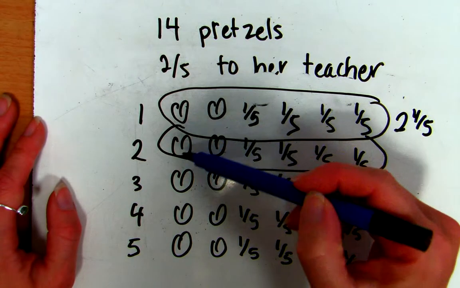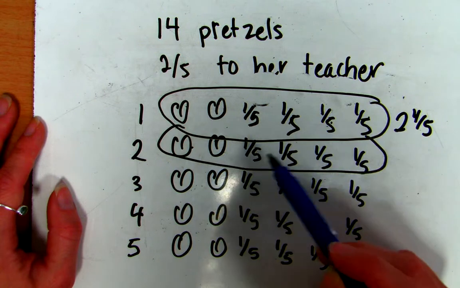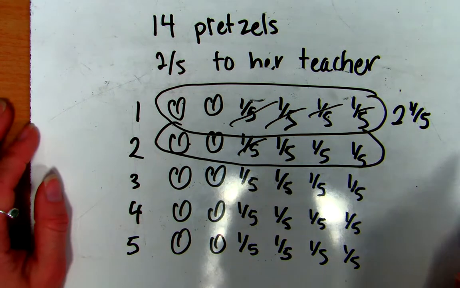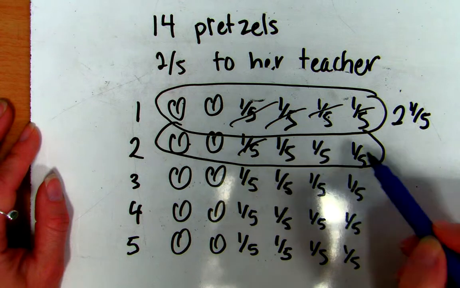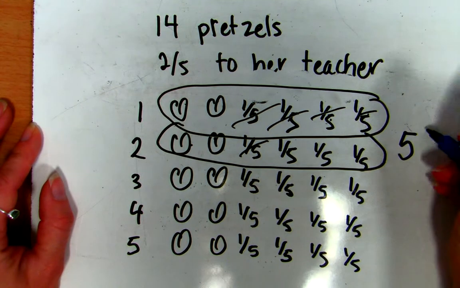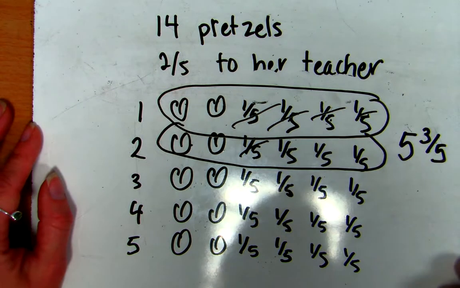Well, I've got 1, 2, 3, 4 pretzels. 1, 2, 3, 4, 5/5 would make a whole, so that gets me up to 5 pretzels. And then another 3/5 of a pretzel. So in total, I would have 5 and 3/5 pretzels. So 2/5 of 14 would be 5 and 3/5 pretzels.